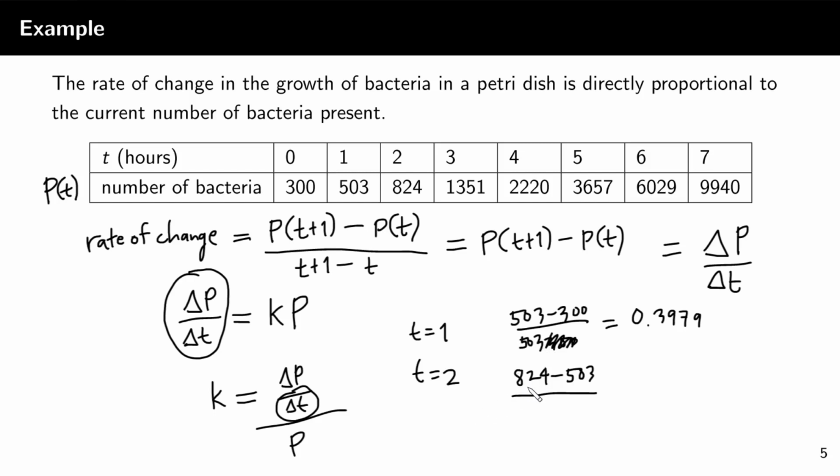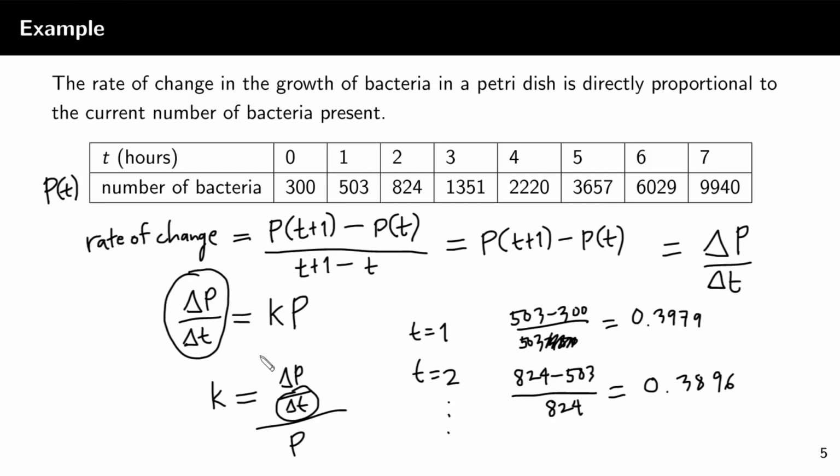Okay, so 824 minus 503 divided by 824. Let me just compute that. So 824 minus 503 divided by 824. That's 0.3896. Okay, so you can actually do that with all the other values for t.